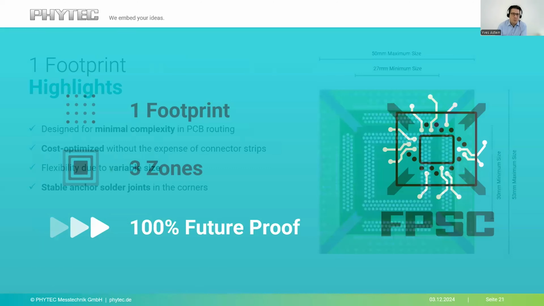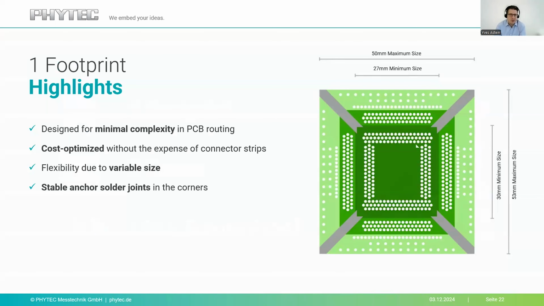So what's important about a good footprint? As I already said, minimal complexity in design for the PCB routing was one focus. Cost optimization and flexibility in terms of variable size.